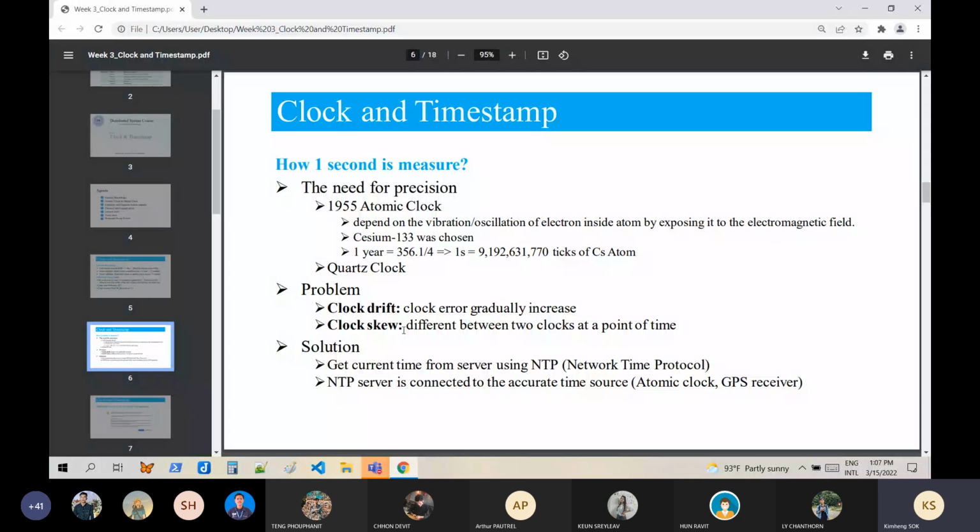So when we want to work with clocks, we need to rely on clocks that are very accurate. Those we call atomic clocks. The atomic clock is the most accurate one, and the others are less accurate. That's why we also have the NTP server, the Network Time Protocol server, which uses an atomic clock to measure time. Whenever a client would like to know what time it is, it requests from that kind of server, and the server responds with the time.